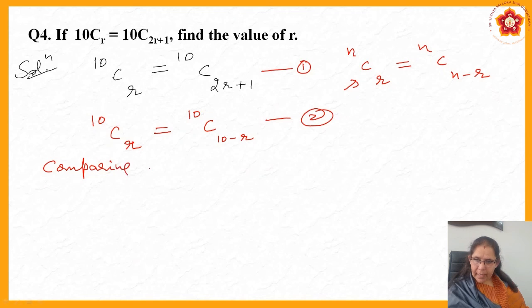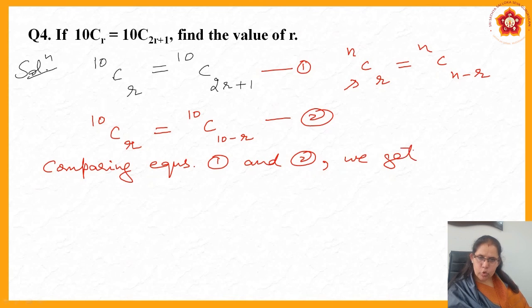Now comparing equations 1 and 2, what do we get? The left hand side is the same, 10CR, 10CR.